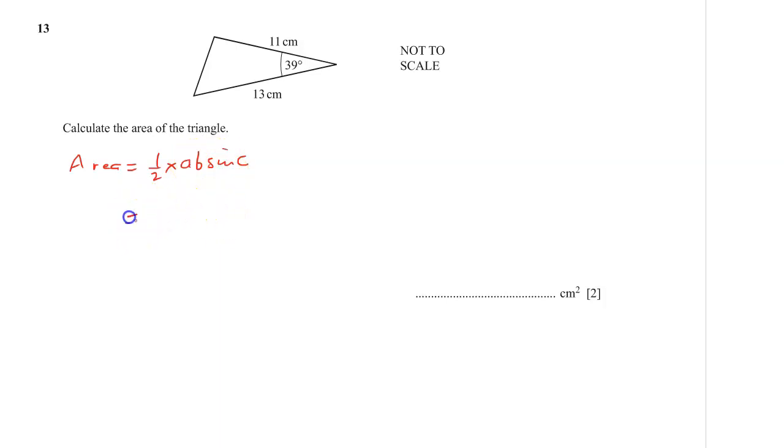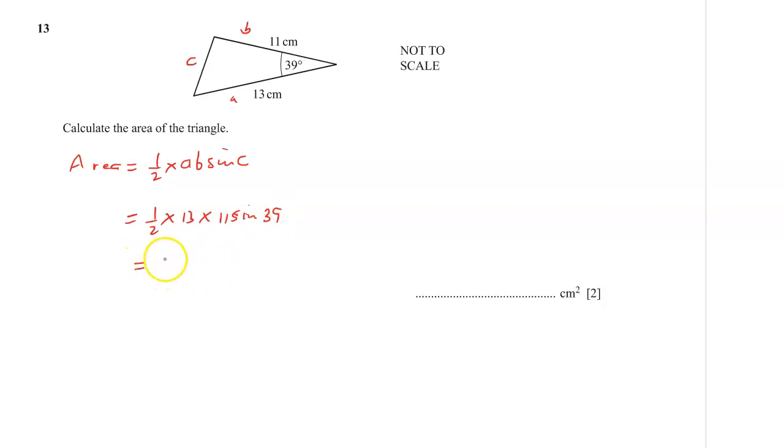So our formula is half times 13. This is our a, our b, and our c. So sine C is that, so times 11 sine C. C is 39 degrees, so I can substitute that.